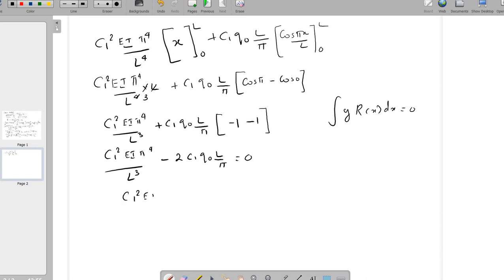C1 square EI pi power 4 by L cube. I am taking the second term to the right side, 2 C1 Q naught L by pi, and cancelling C1 square and C1, and finding the value of C1 as 2 Q naught L power 4 by pi power 5 EI.